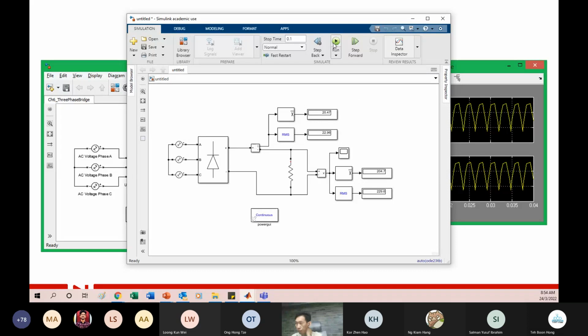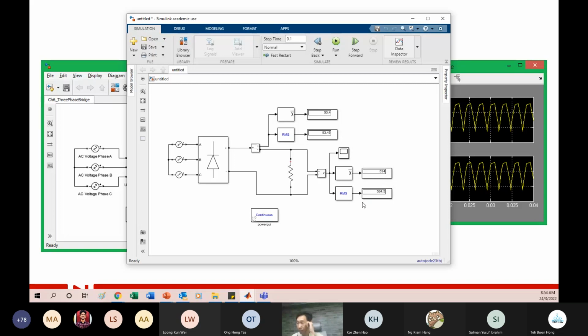So when we run this, you see the VDC and VRMS are almost very close, right? 534.